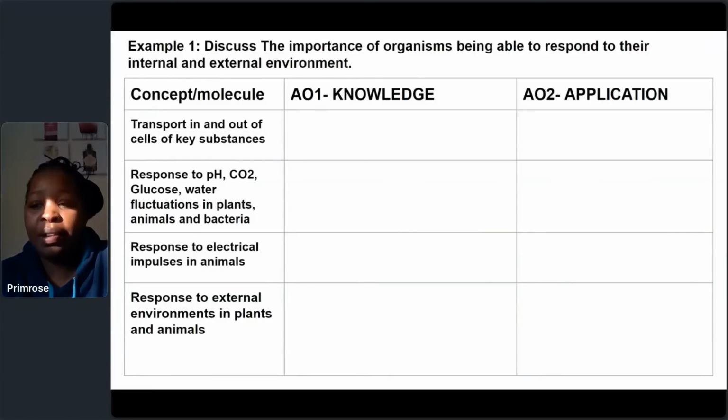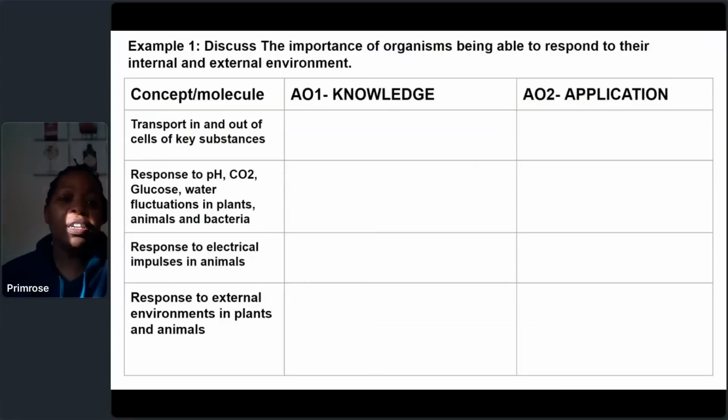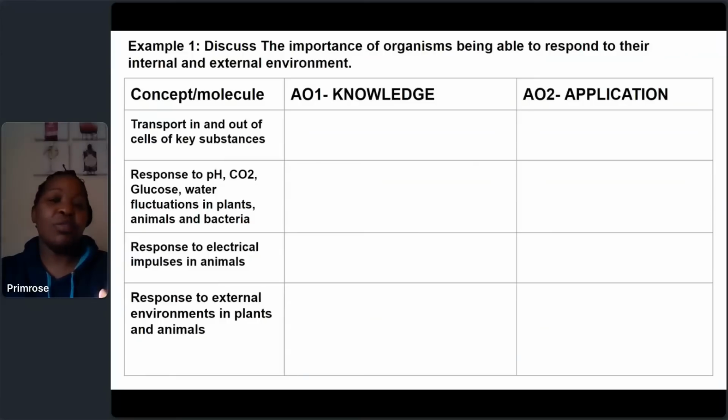And this is where we just focus on the science. What would you include? Now, you want to know what the knowledge is and then what the application is. So what I would do is draw this table as your plan, and then specifically state every single stage that you include as knowledge, every single process that you include as knowledge.